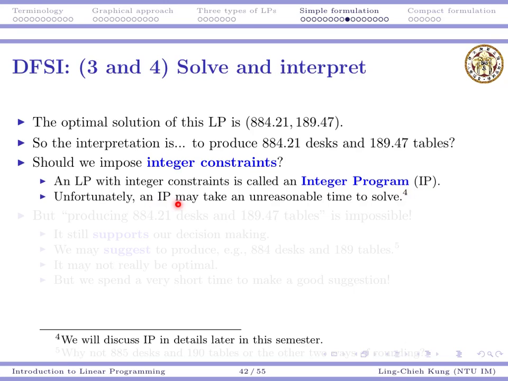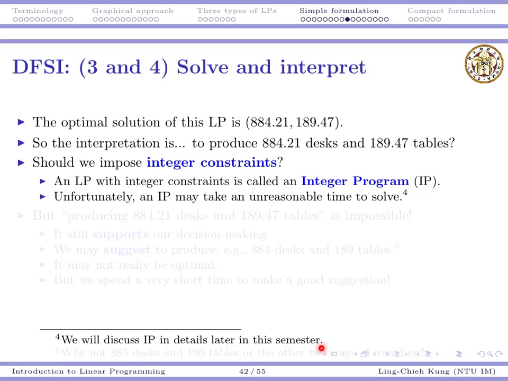But if you have an integer program, even if there are very few variables and constraints, it may take 1 day, 2 days, 1 week, 2 weeks for your computer to run without finding a solution. Integer programs are just hard, and we're going to tell you why they are hard later in this semester.